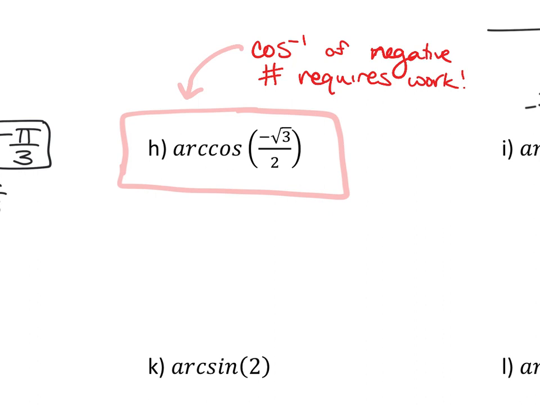Okay, here's the work we would show. Arc cosine of negative root 3 over 2. Where do you see root 3 over 2 for cosine? So pi over 6. If I knew that the reference angle I created would be pi over 6, because in quadrant 2 you wouldn't use the exact angle, you would use the reference angle.